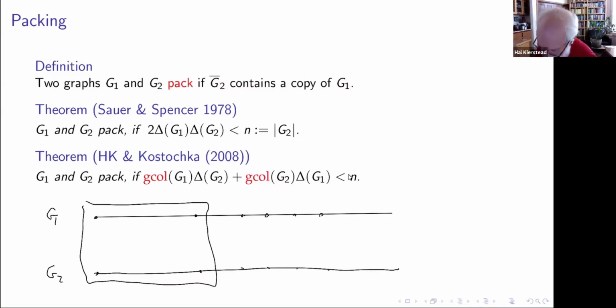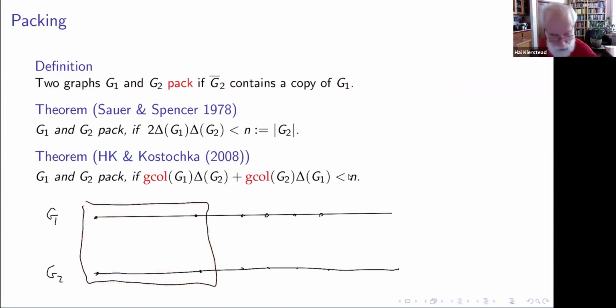We would like these degrees small, these degrees small. And we want to have the property that inside here, we can embed this part into the complement of this part. So that's the invariant we want to maintain.